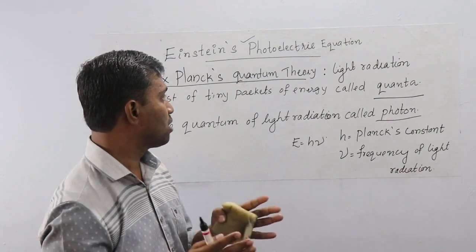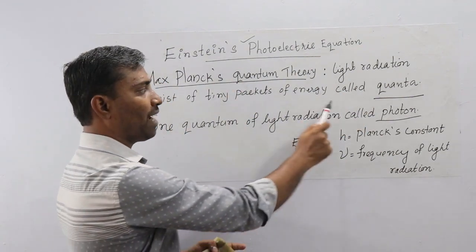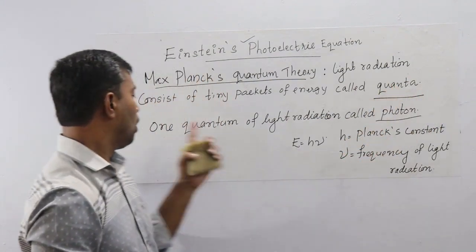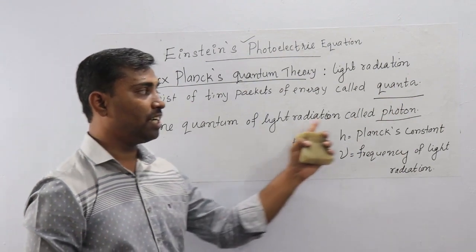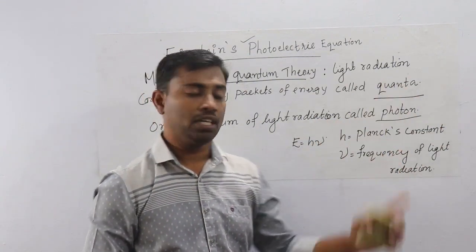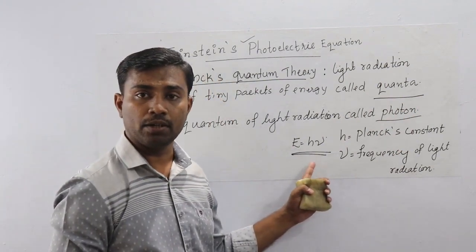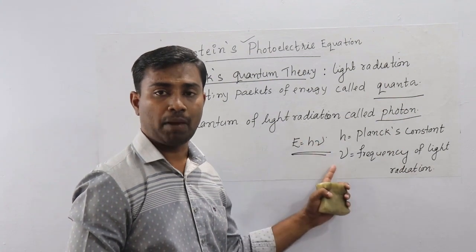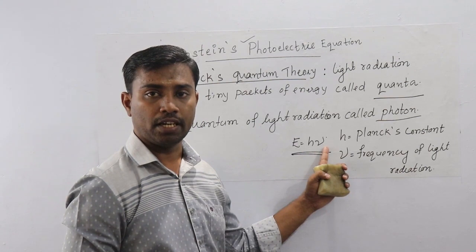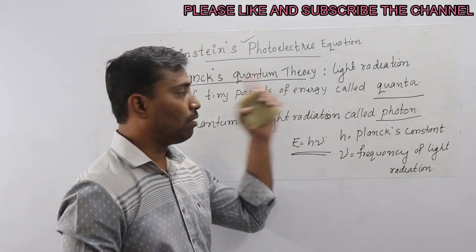So according to quantum theory, light radiation consists of tiny packets of energy, which we call quanta, and one quantum of light radiation is called a photon. The photon has an energy E equal to h nu. Here h is the Planck constant and nu is the frequency of the incident radiation. So this is the quantum theory.